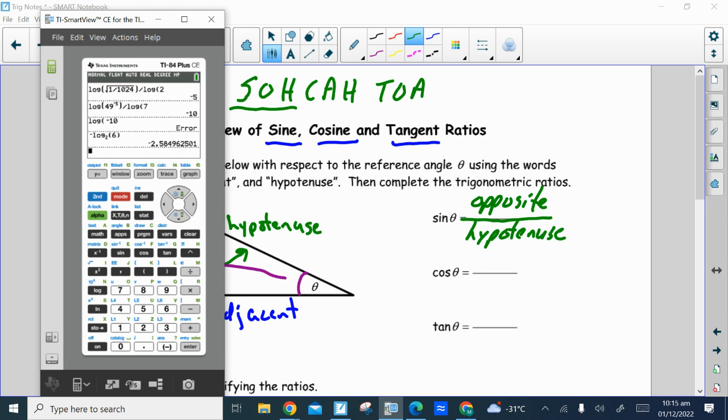If you're in the right mode and you press the sine of 30 degrees and hit enter, it gives you 0.5. Some calculators you have to put the 30 degrees first and then press the sine button to get the 0.5. You should all be doing this right now to make sure that your calculator is in the right mode and it's working. When you take the sine of 30, you should get 0.5.